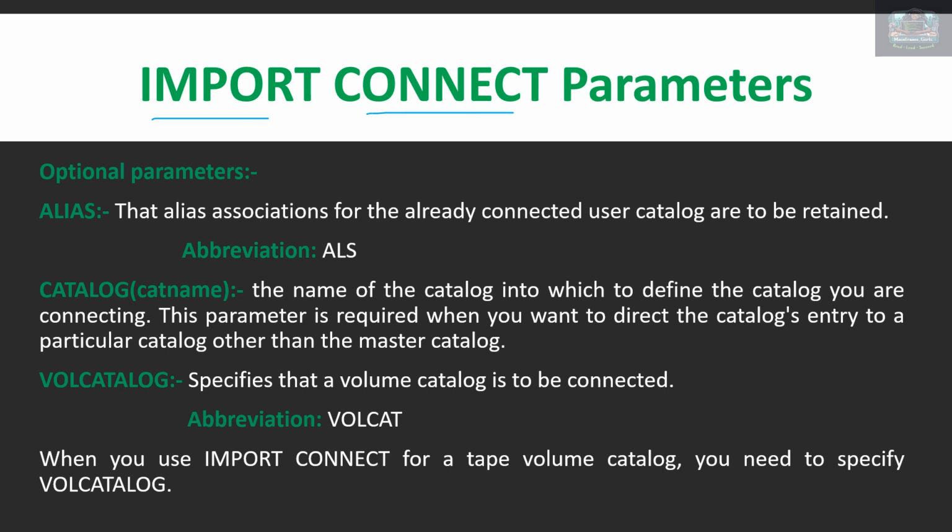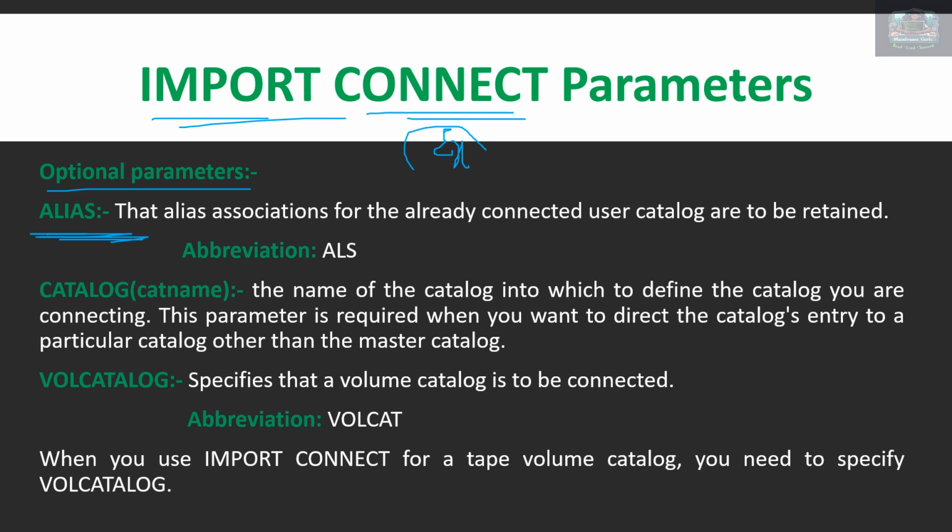After the keyword parameters, we have some optional parameters. Suppose you are connecting some aliases to a user catalog. At that time you have to give ALIAS. Sometimes what we do is we simply do an export disconnect, and then we do an import connect. Suppose the system has lost some connection.